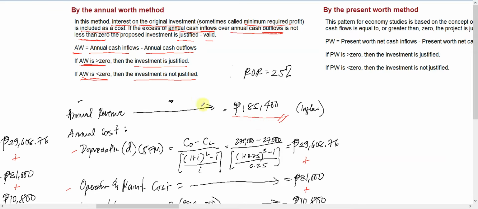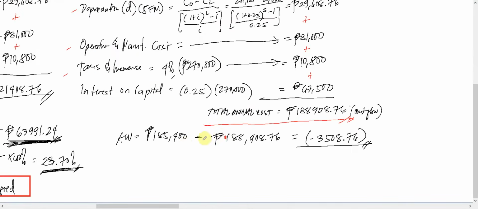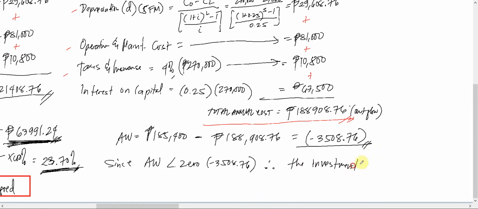So, sabi natin, kapag less than 0, then the investment is not justified. So, since AW or annual worth is less than 0, which is, yan nga, negative 3,508.76, therefore, the investment is not justified or desirable. The investment is not justified.